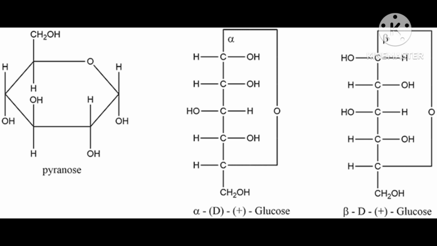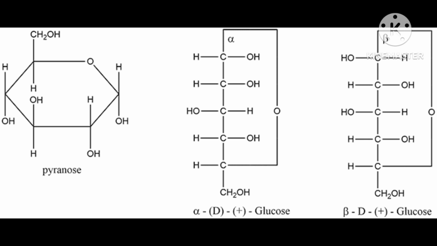CHO will always obviously be written on the right side, and CH2OH is also on the right side. Out of 6 OH, actually one is CHO, which you can't consider. Then 5 OH are there. Out of these 5, 4 OH are at the right side.